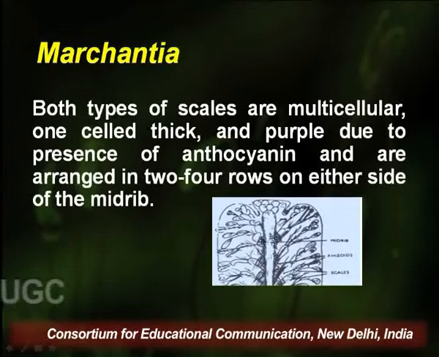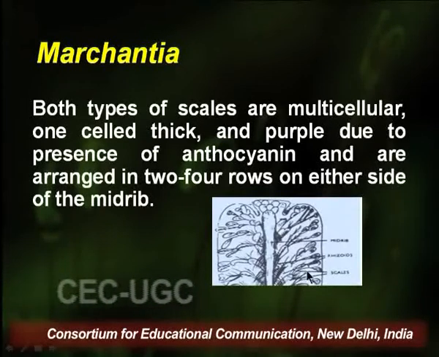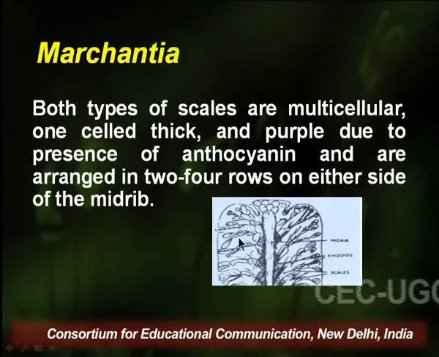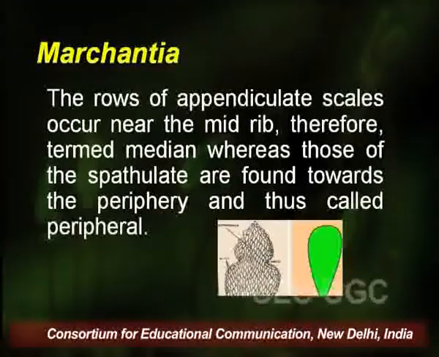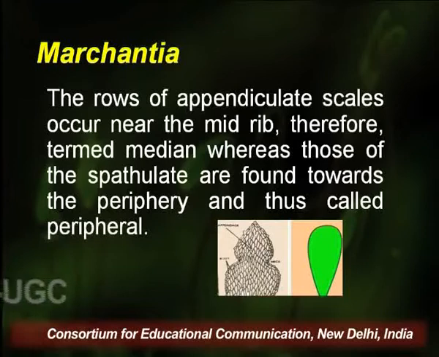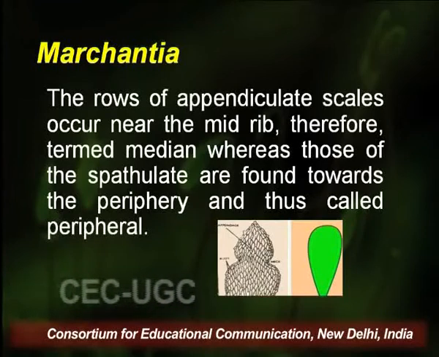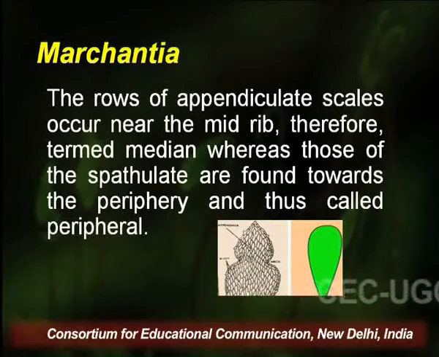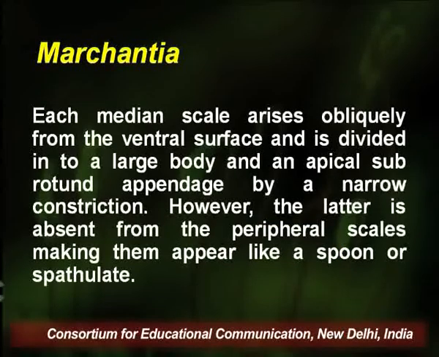Here is a diagrammatic representation of scales which are present on both sides in 2 to 4 rows. The rows of appendiculate scales occur near the midrib, therefore termed median, whereas the spatulate scales are found towards the periphery and thus are also called peripheral scales.